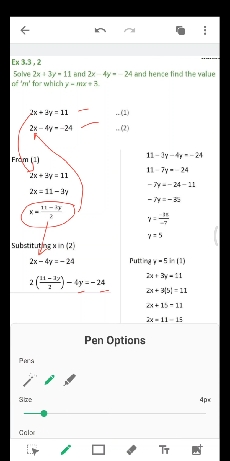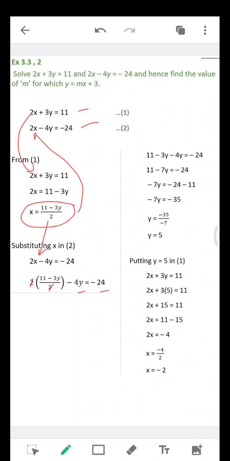Now I can eliminate this 2 and this 2. Two ones are 2, so what remains is 11 minus 3y minus 4y equals minus 24. Then minus 3 minus 4 is minus 7, so minus 7y equals minus 24 minus 11.